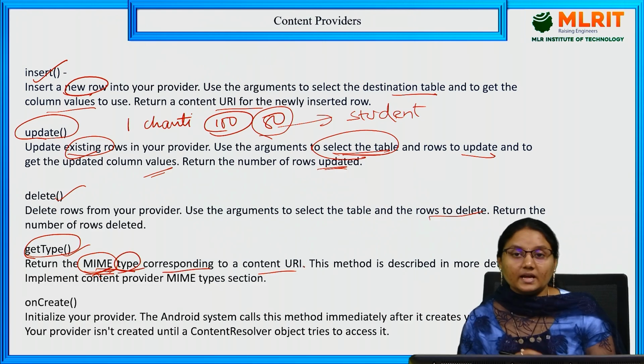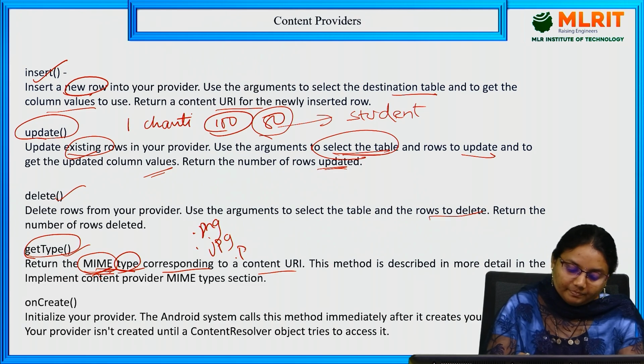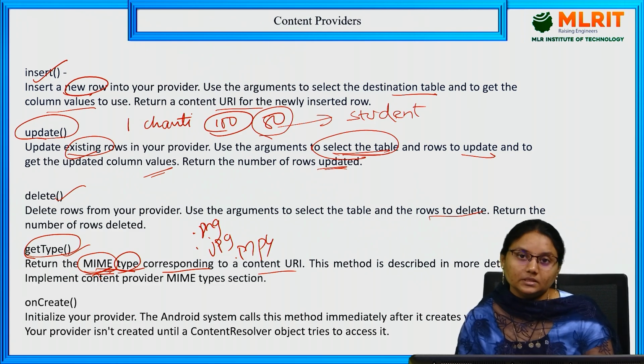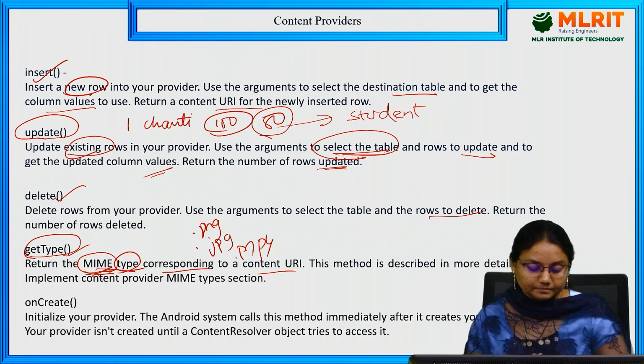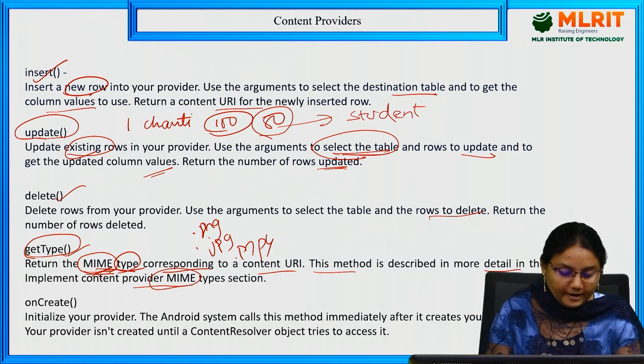It means what the type of extension is, whether .png or .jpeg or .mp4, something like this. That type of data is given. This method describes in more detail how to implement the MIME type section.